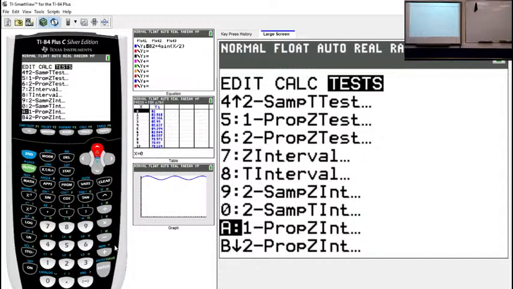Oh, shoot. That's why I asked if everyone was there before I hit enter. I went to the first one, number 5, which is the 1 proportion z-test. That's something different. That's the next chapter, we're going to do those.